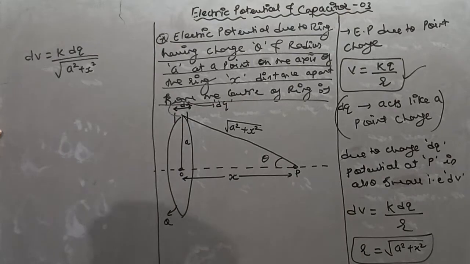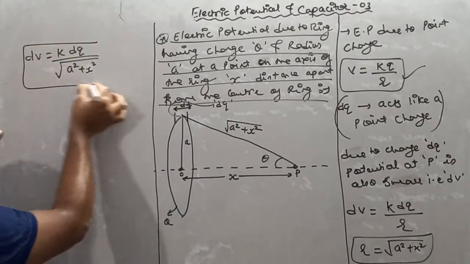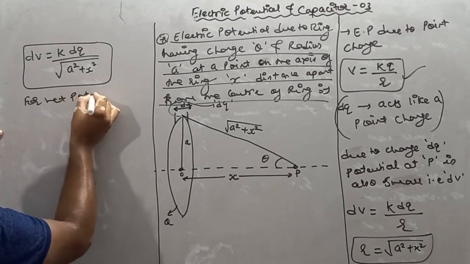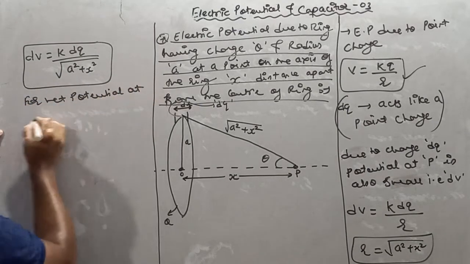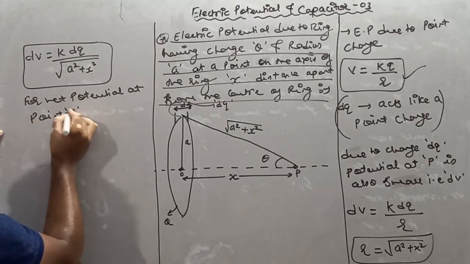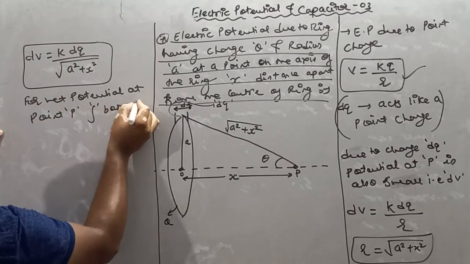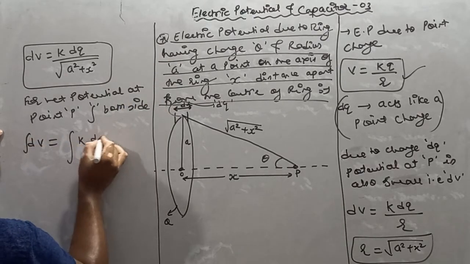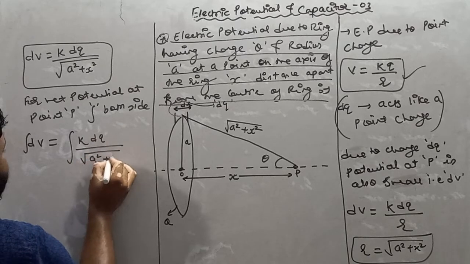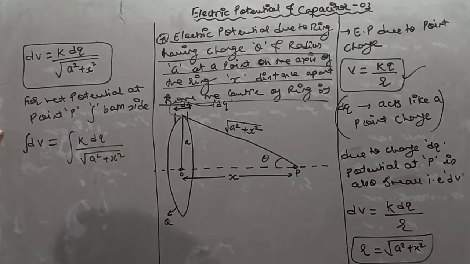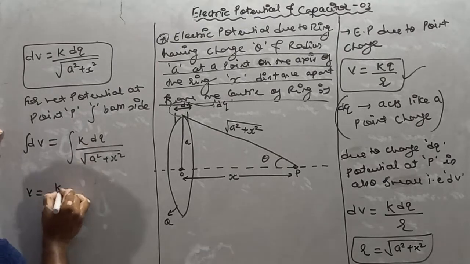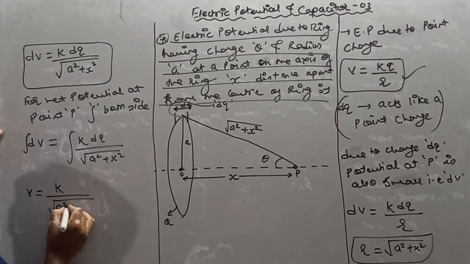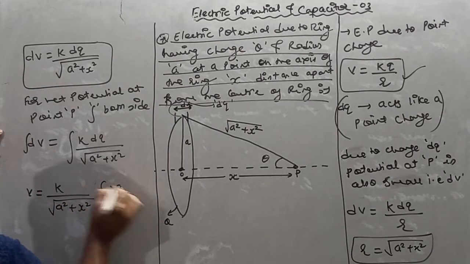Now see, my dear student, for the net potential at point P we have to integrate. Integrating both sides, the integration of dV is equal to the integration of k dq by under root a square plus x square. So the integration of dV is V. So V is equal to, k is constant, radius is constant, and distance is constant, so they come outside, k by under root a square plus x square times the integration of dq.